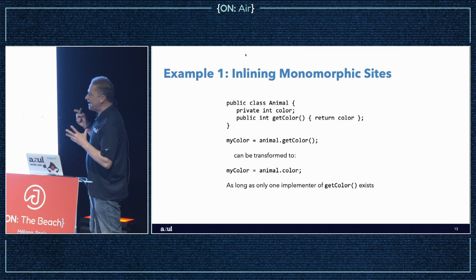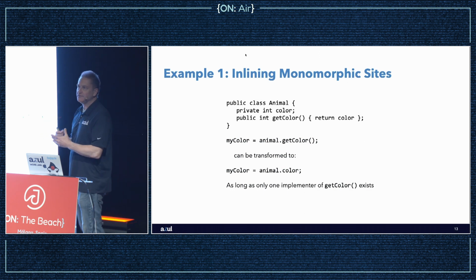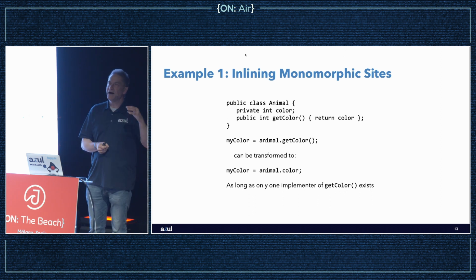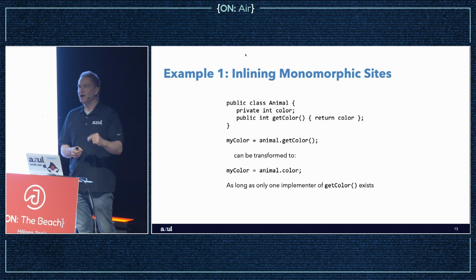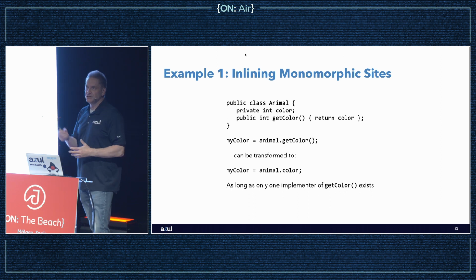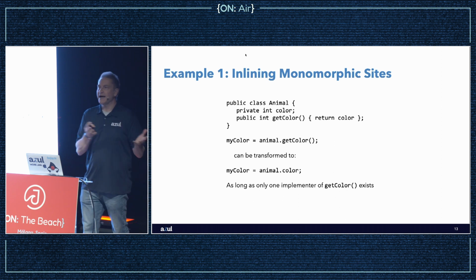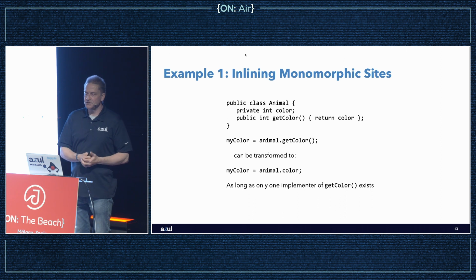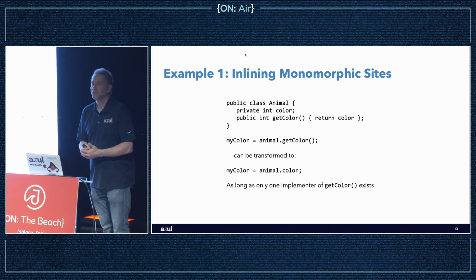Here's a couple of examples of how we can do these speculative optimizations and how they will deliver better performance, but only if you're compiling as the application runs. What I've got here is a very simple class called Animal. It is encapsulating some data, in this case the color of the animal.